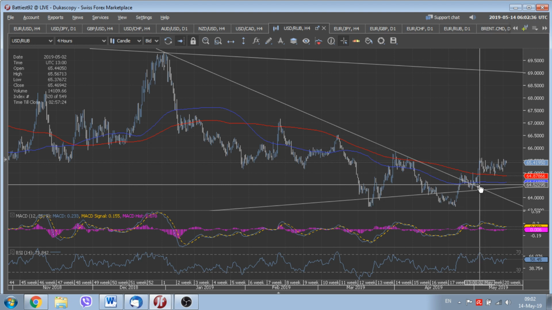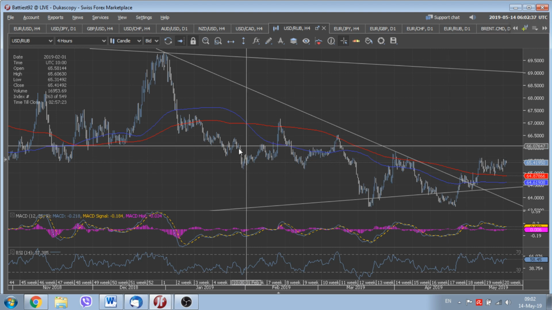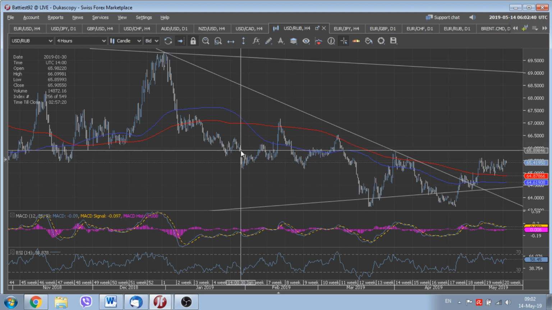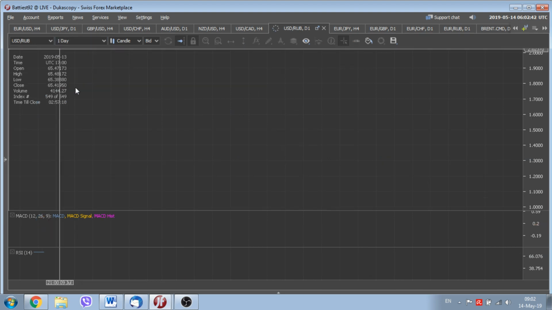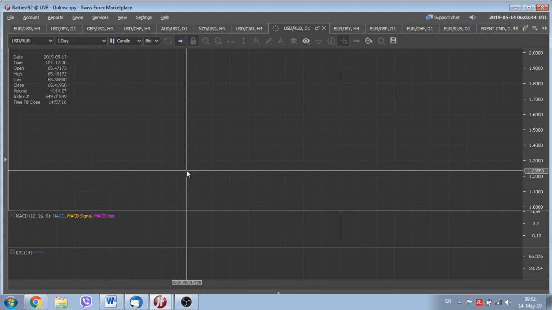At the moment we suggest, from a longer term point of view, let's see the daily chart of the dollar ruble.